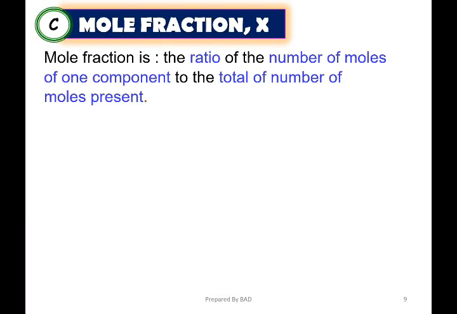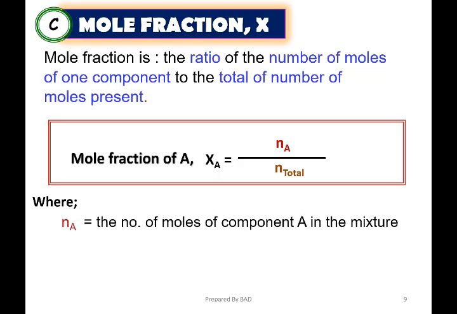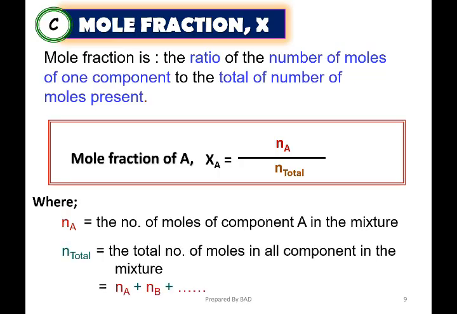Mole fraction. The symbol is capital letter X. Mole fraction is the ratio of the number of moles of one component to the total number of moles present. The formula for mole fraction of A is equal to mole A divided by mole total, where mole A is equal to number of moles of component A in the mixture, while n total equals total number of moles in all components in the mixture.